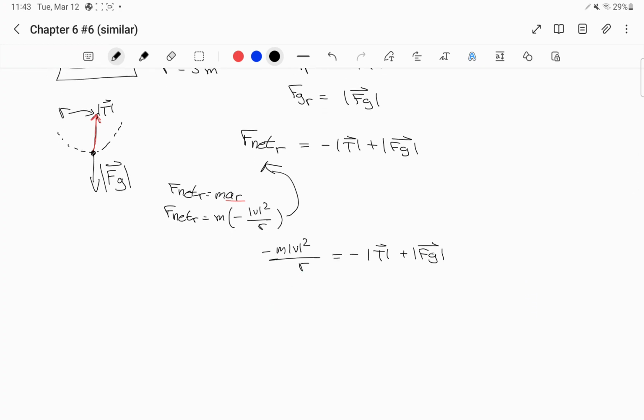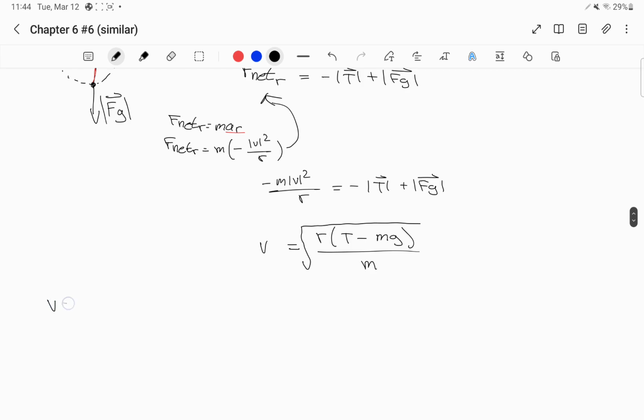If we multiply both sides by r, divide by m, and multiply by the negative, then we have v squared is equal to r times the tension minus mg, which is the gravitational force, F of g is equal to mg, divided by m. Taking the square root of both sides, that is our final equation.